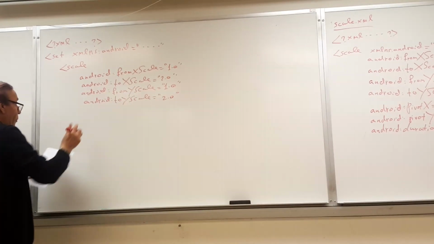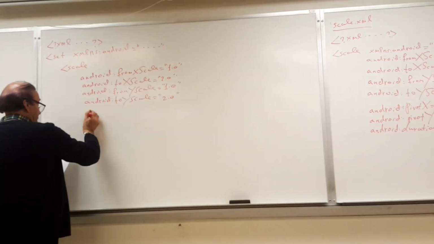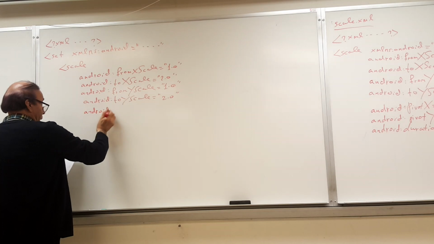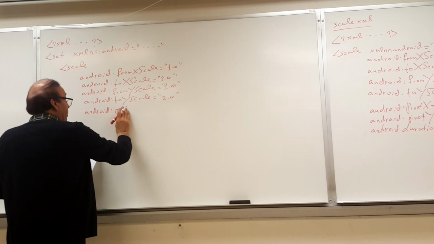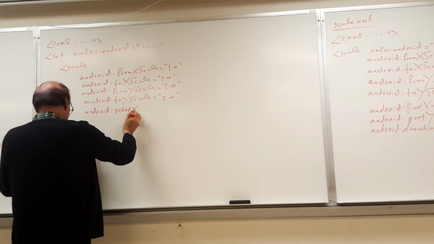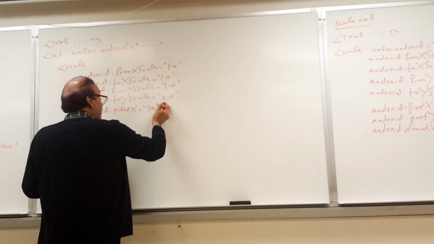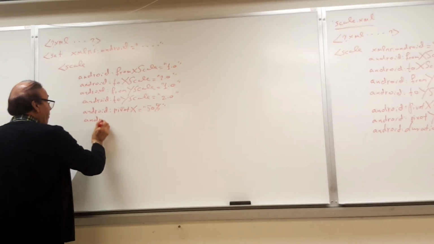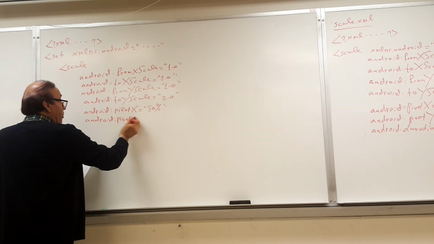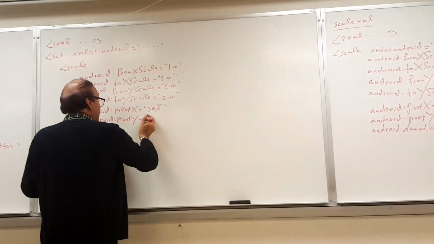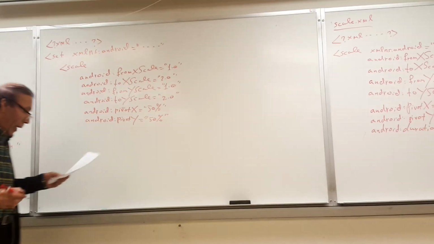A pivot. Android colon pivot x equal 50% and Android colon pivot y equal 50%, and duration.